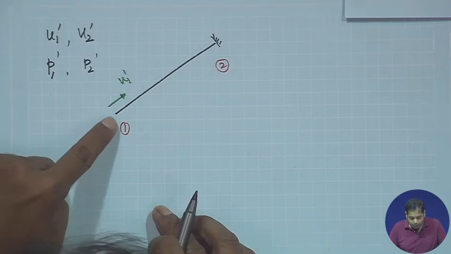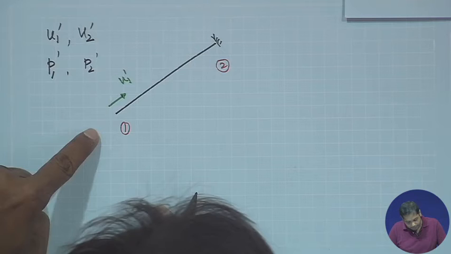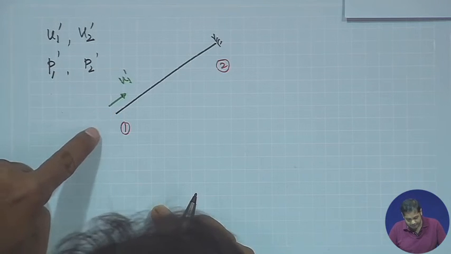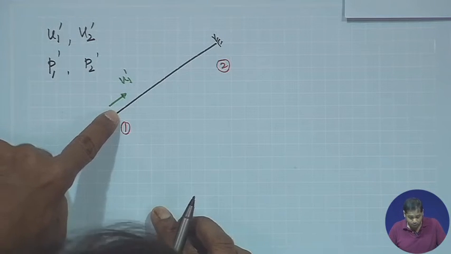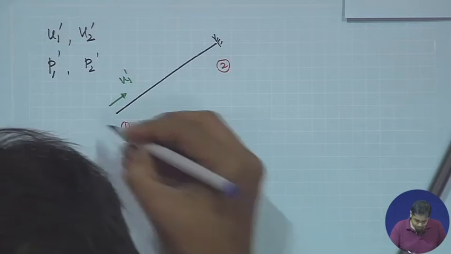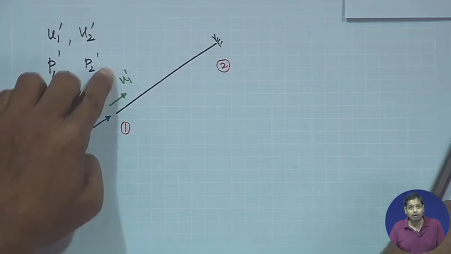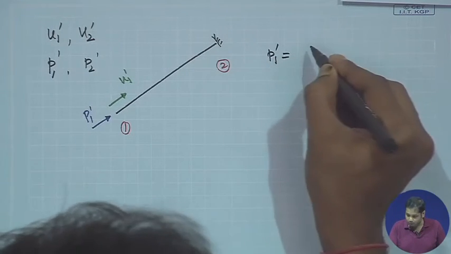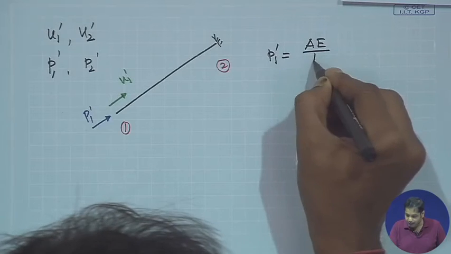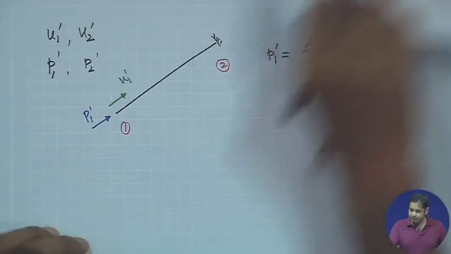Now when you apply a displacement here, or when you apply a force here, suppose this force is P1 dash, then this P1 dash and U1 dash are related as P1 dash is equal to AE by L into U1 dash. This is how we just defined.